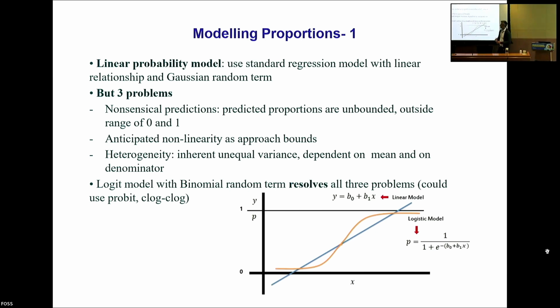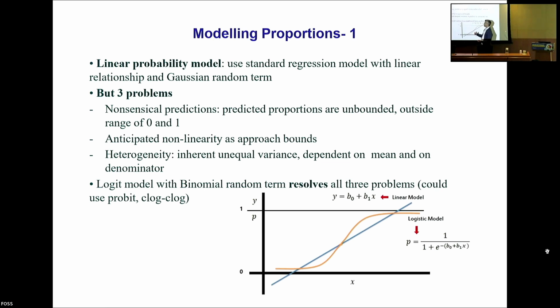There are really nonlinear effects going on, and we've got this problem of unequal variance. So treating our binary dependent variable as though it's a continuous variable is problematic because of all of these nonsensical predictions, but also this statistical problem with the variance.